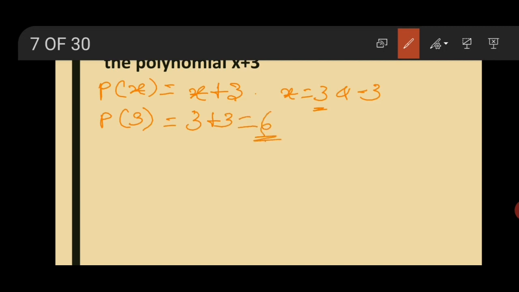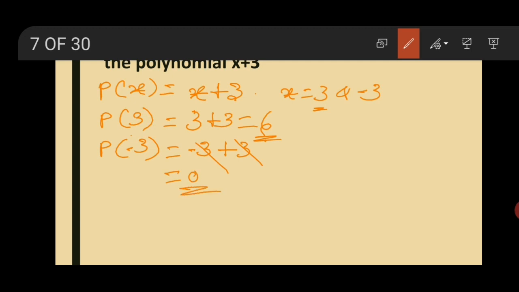Again, is it a zero? No, because when you get 0 as the answer, then 3 is said to be a zero of the polynomial. Now again substitute x as minus 3. What do you get? Minus 3 plus 3 in the polynomial. Plus 3 and minus 3 get cancelled.